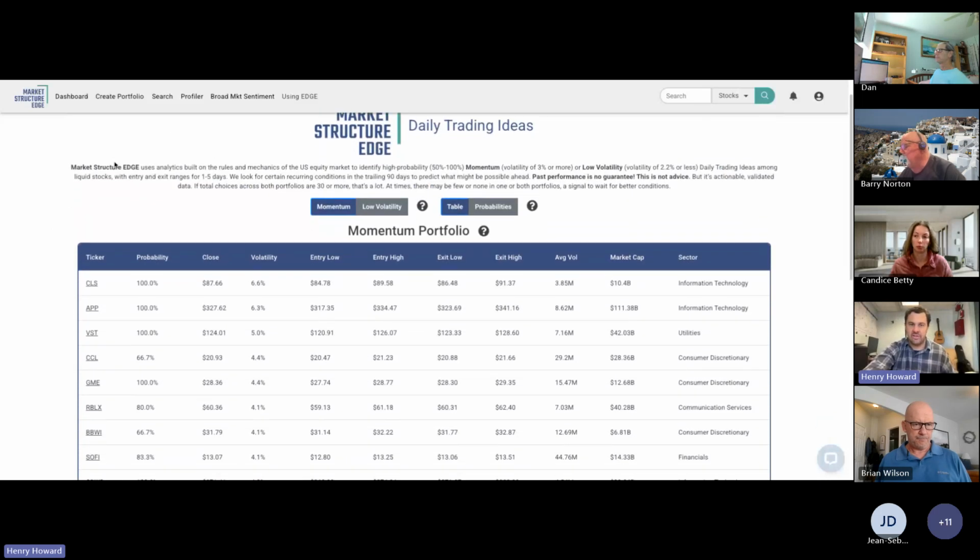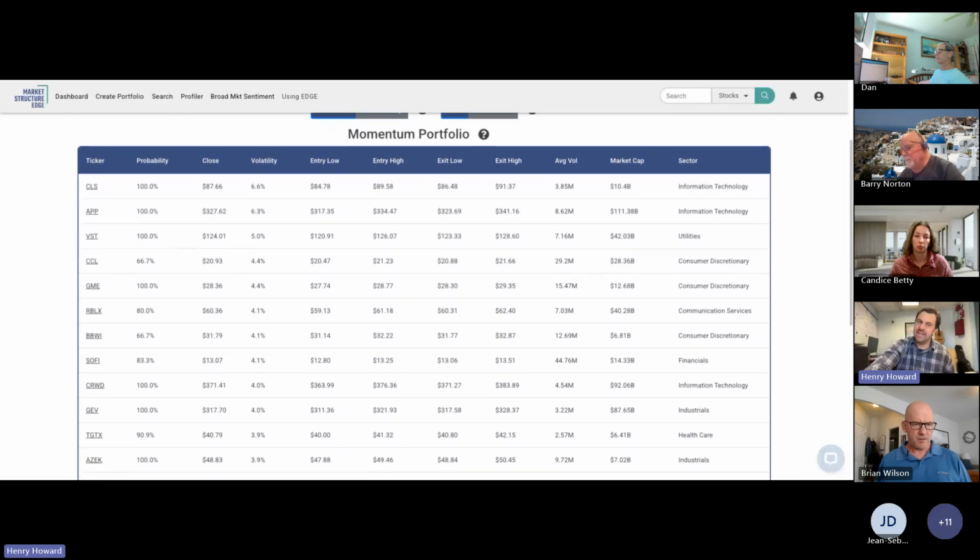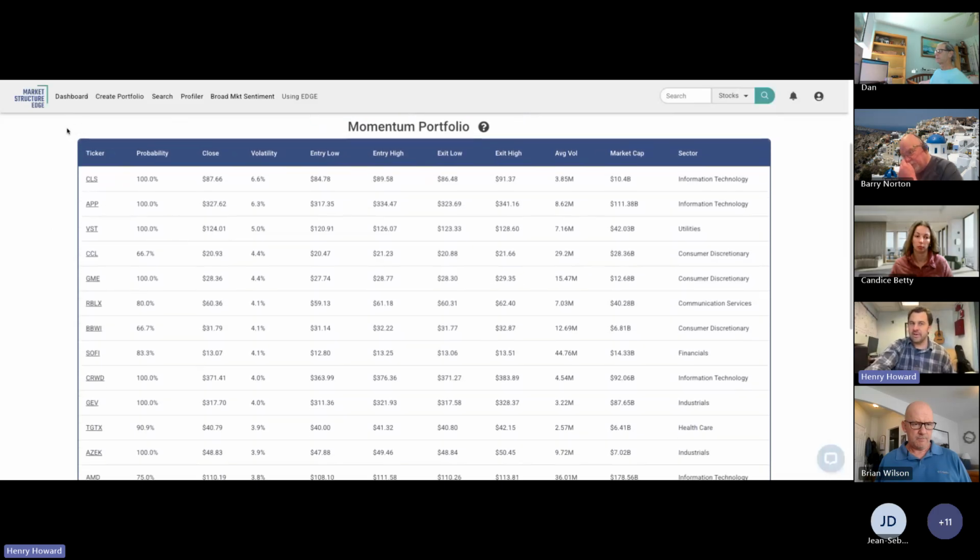These are the names that are statistically the most probable to deliver gains in the next 1 to 5 days. We've back tested, I mean, this is year 4 of Edge. We've back tested a lot of different data, and we've run a lot of different portfolios. I know a lot of people on the call have your own dynamic portfolios.